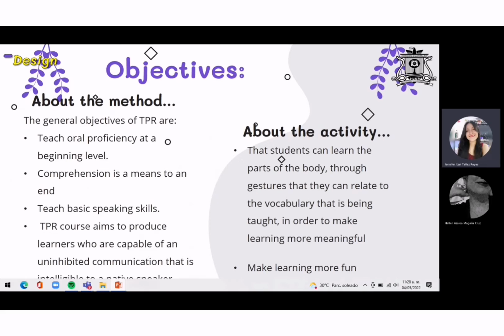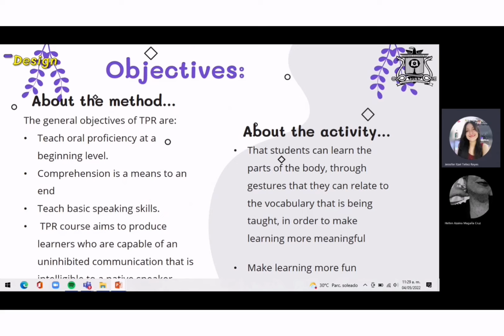And now let's talk about the objectives. First, about the method. Well, the general objectives of this method are: first, teach oral proficiency at a beginning level; second, comprehension is a means to an end; and the third one is to teach basic speaking skills.